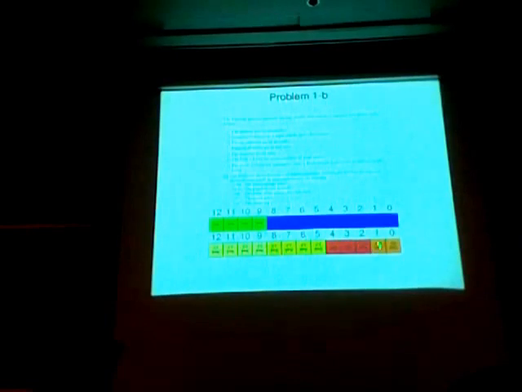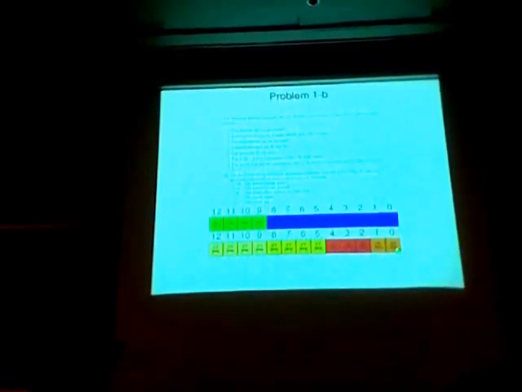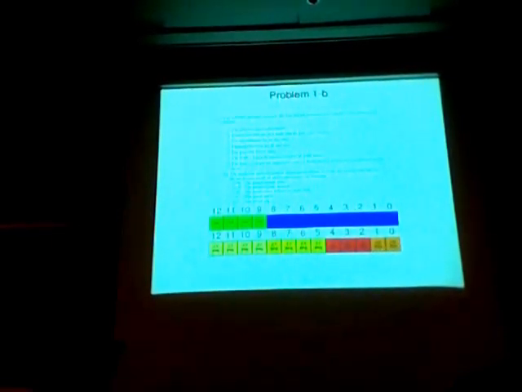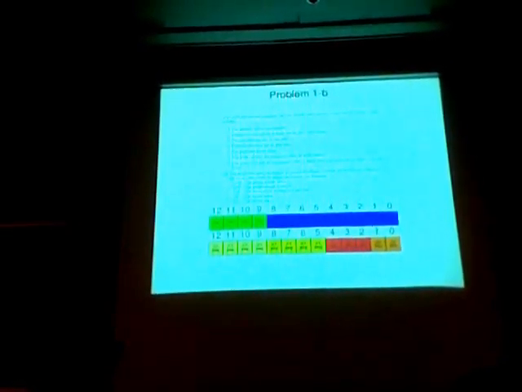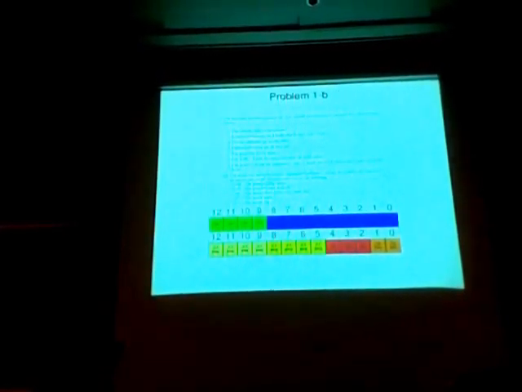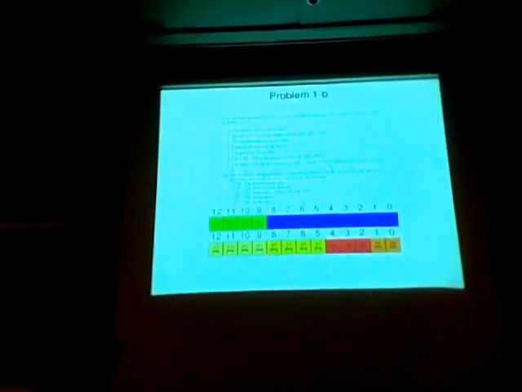Okay. So, the way I did this problem is, the block size is 4. So, how many bits do I need to represent 4? I need 2 bits. So this is the cache offset, or the block offset. And then 2 times 4 is 8. 8 goes into 64 8 times.